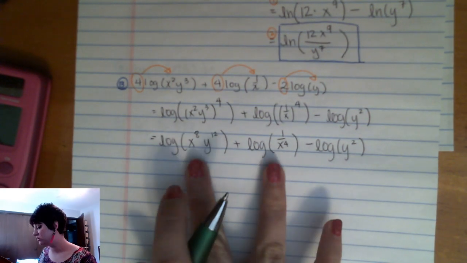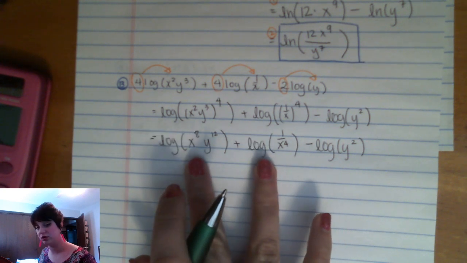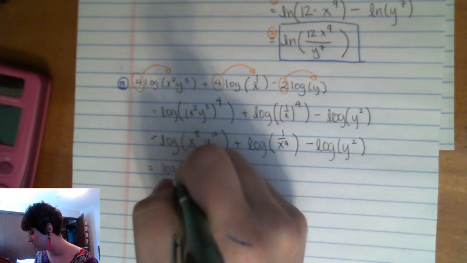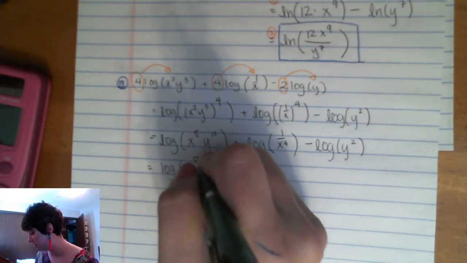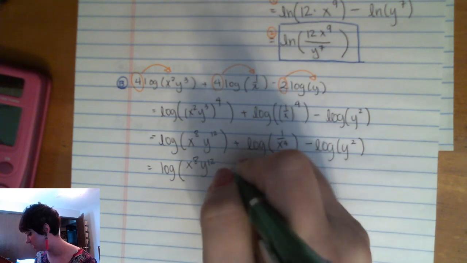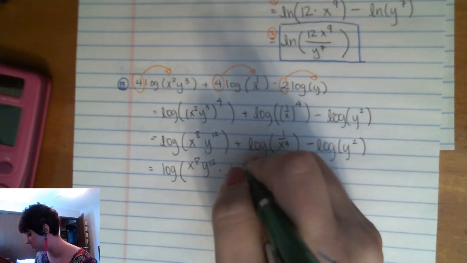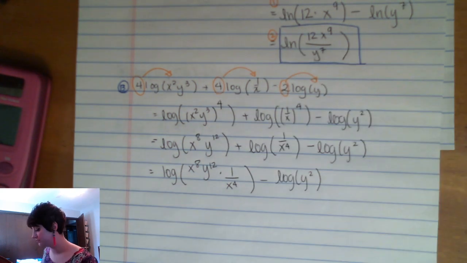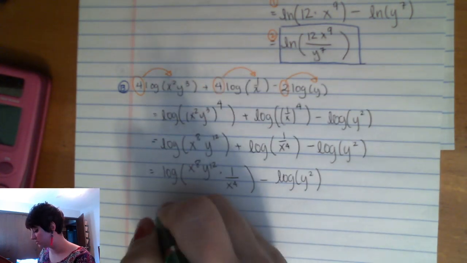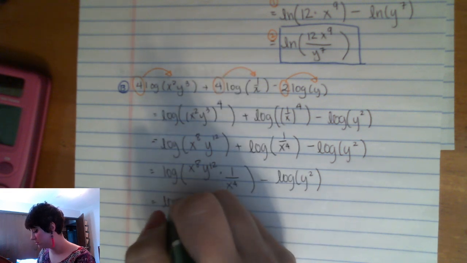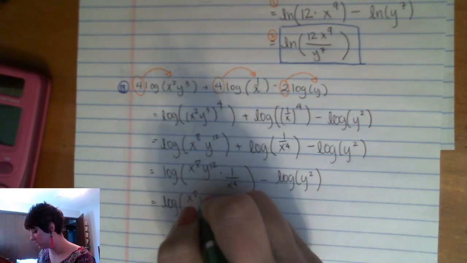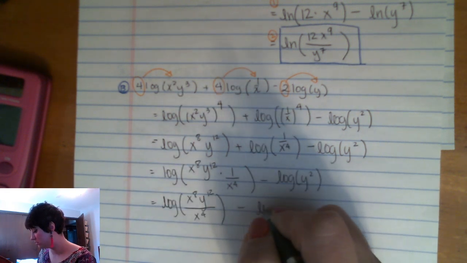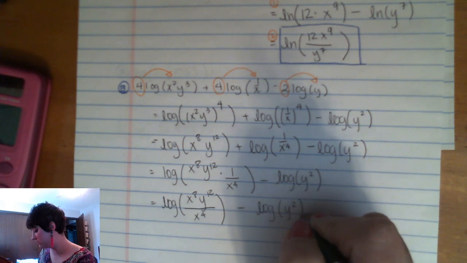Okay. If things are adding, we're going to turn it into multiplication inside of the logarithm. So log of x to the 8, y to the 12th times 1 over x to the 4th minus log y squared. I'm just going to clean this up a little bit. Log x to the 8, y to the 12th over x to the 4th minus log of y squared.